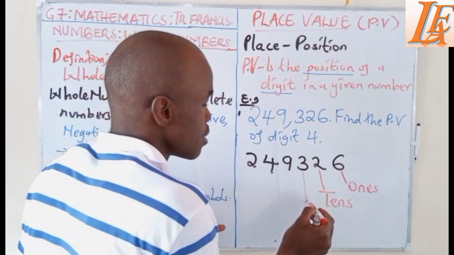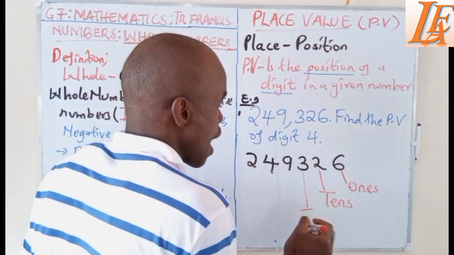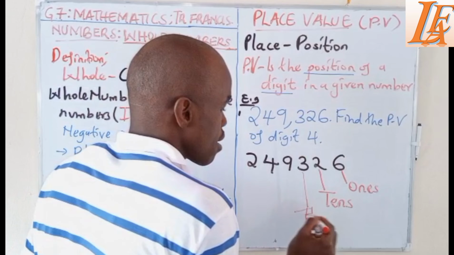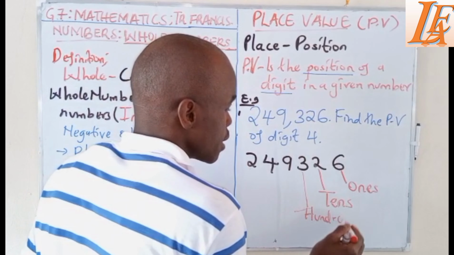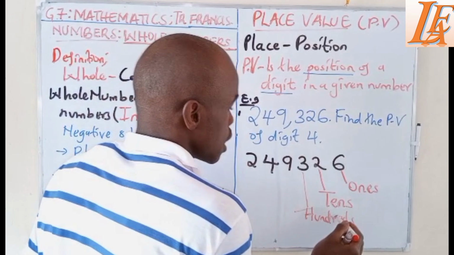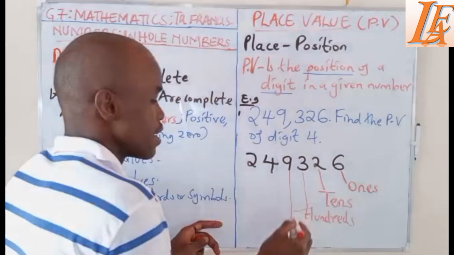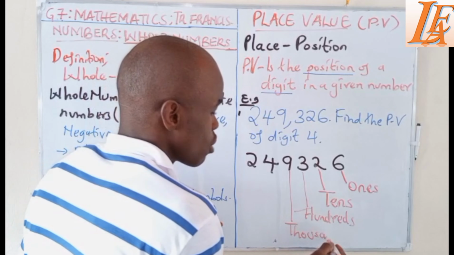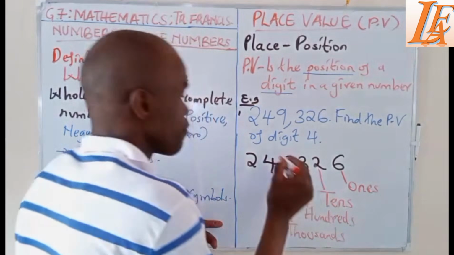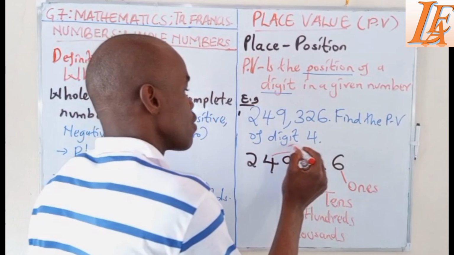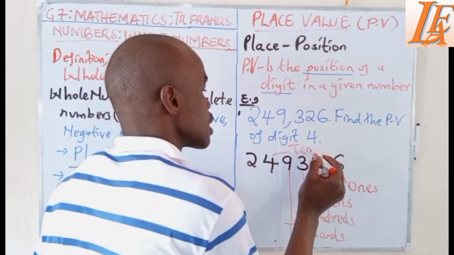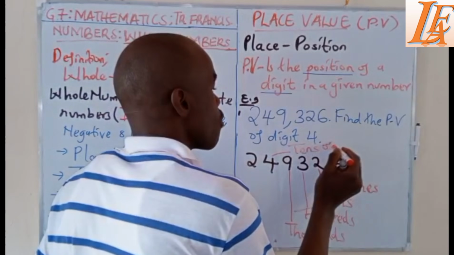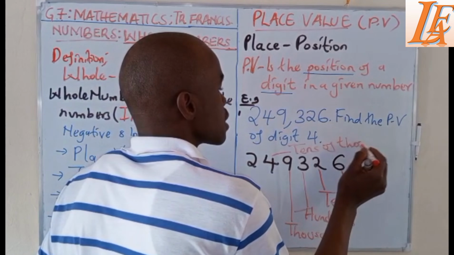Then 3 is in the place value of hundreds. Then 9 is in the place value of thousands. Then 4 is in the place value of tens of thousands.